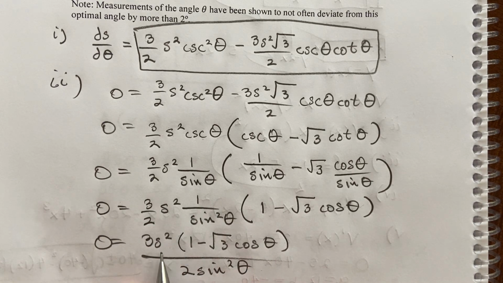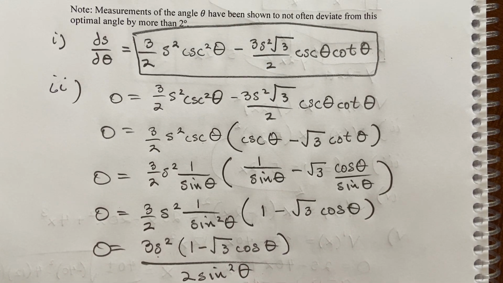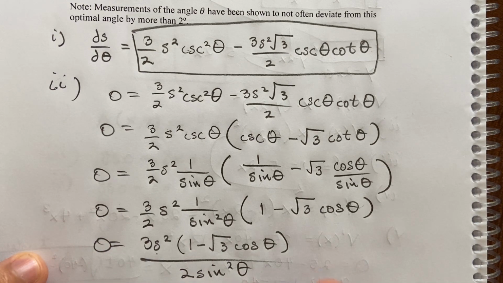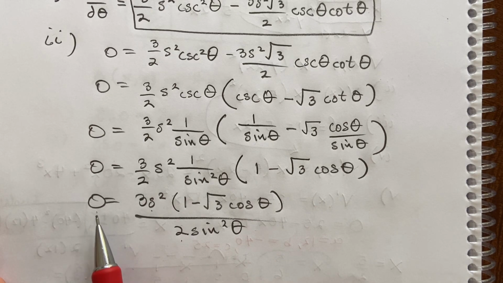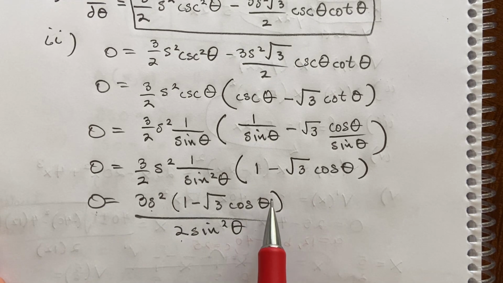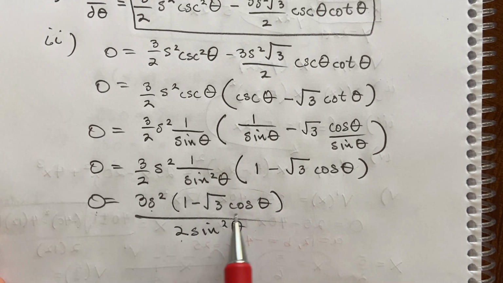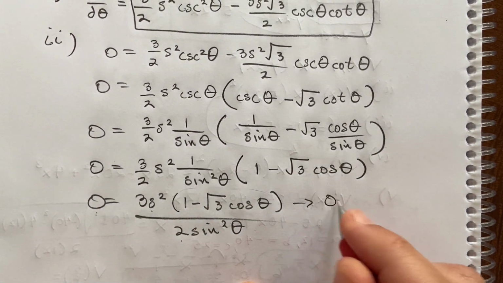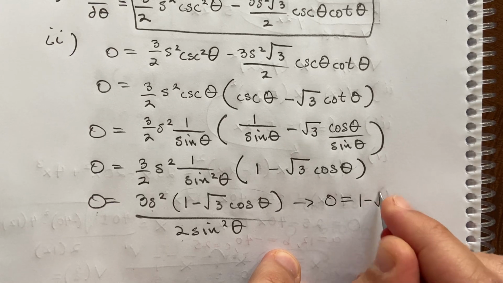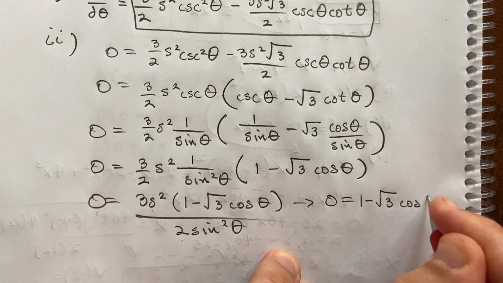I left the s squared up top since it's in the numerator. I brought the 2 down into the denominator, same with the sine squared, and then left this in the numerator. So the only way this whole fraction will be 0 is when this thing is 0. Okay, so I now need to figure out where 0 equals 1 minus √3 cosine theta.